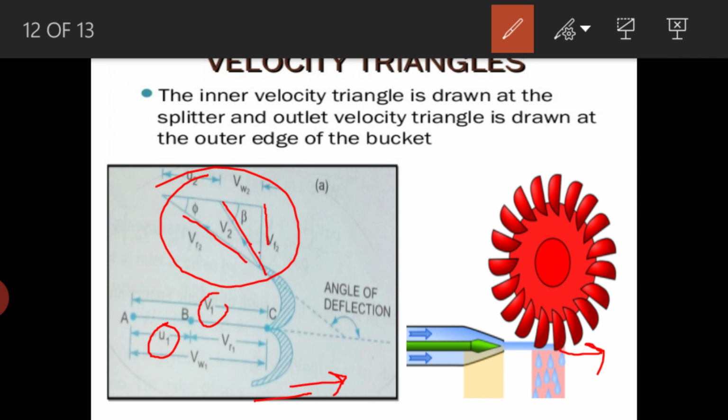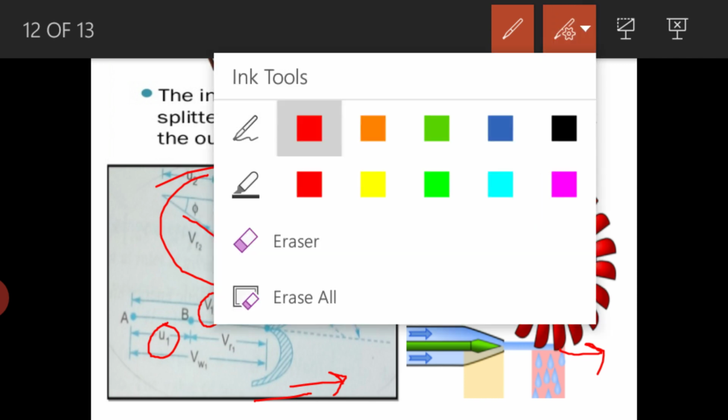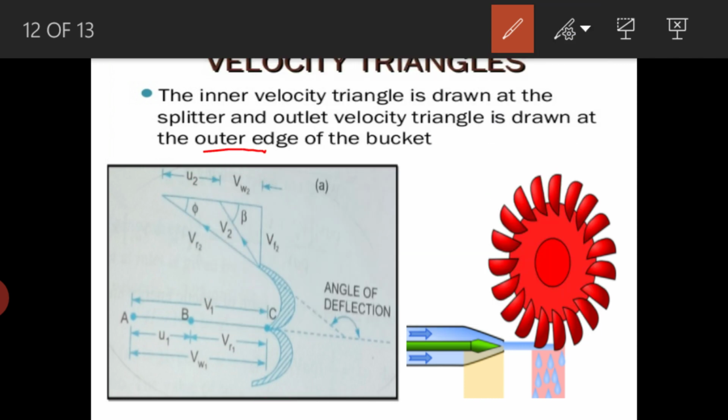So you know how to draw this velocity triangle. We have explained it earlier. Just remember how to draw the velocity triangle for a Pelton wheel bucket, and this triangle will be used to calculate the force exerted by the jet, and also for calculation purposes.